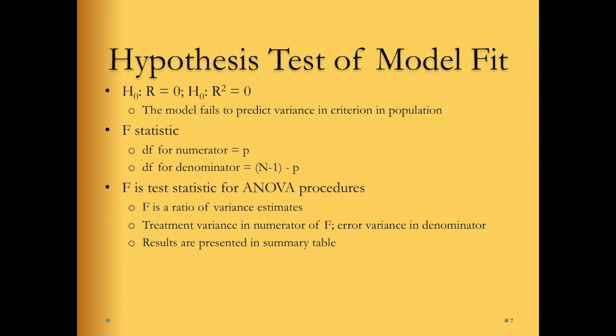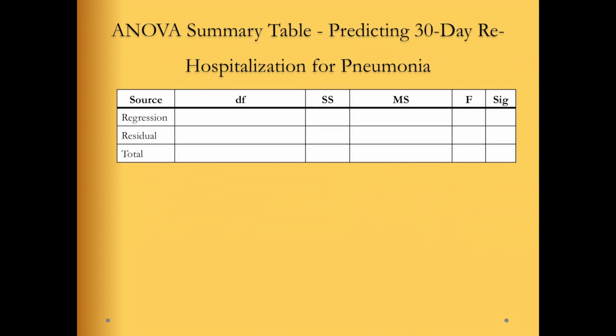Results of the use of an F statistic are typically presented in a summary table, which will be taken up on the next slide. Here is a summary table for a model in which 3 quality indicators were used to predict 30-day rehospitalization rates for pneumonia patients.